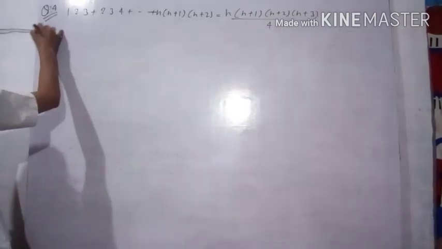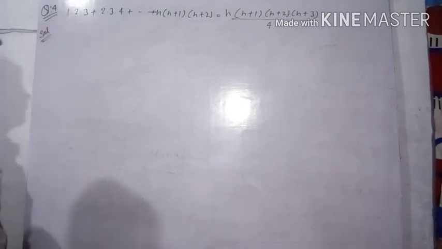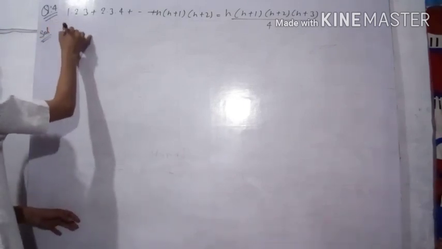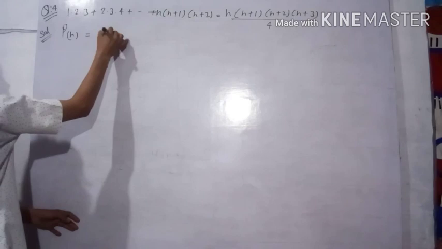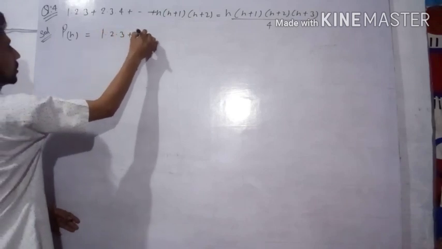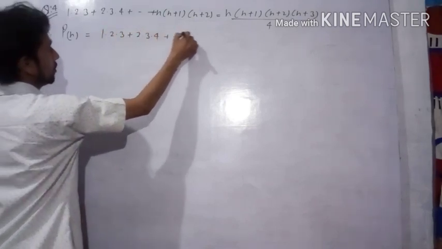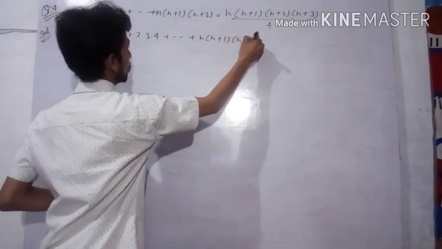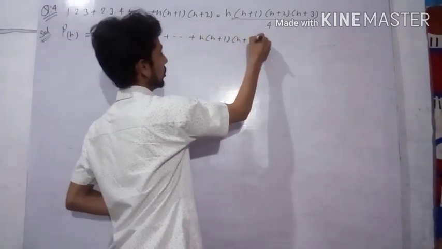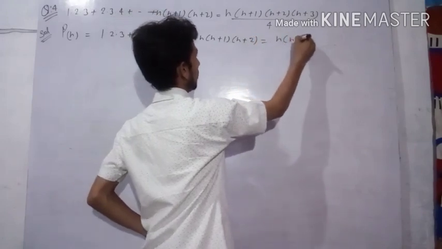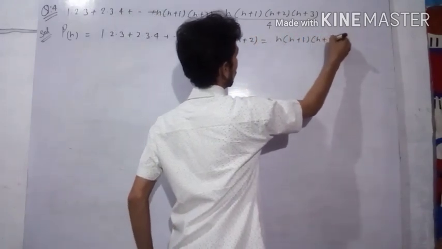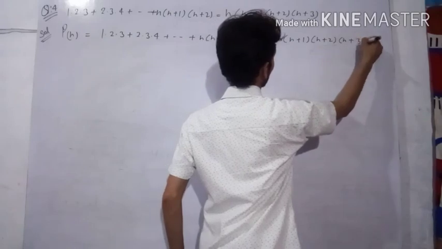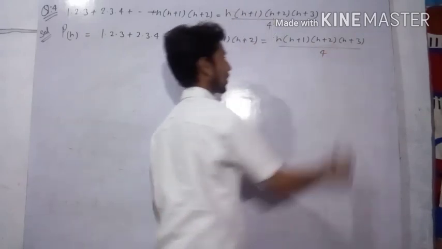Number 4. Let Pn be 1.2.3 + 2.3.4 + ... + n(n+1)(n+2), which is equal to n(n+1)(n+2)(n+3)/4. So take the RHS, n(n+1)(n+2)(n+3)/4.